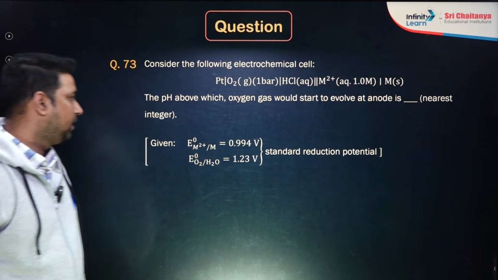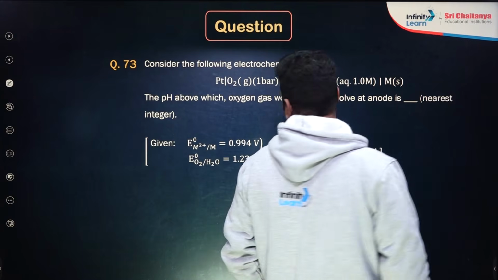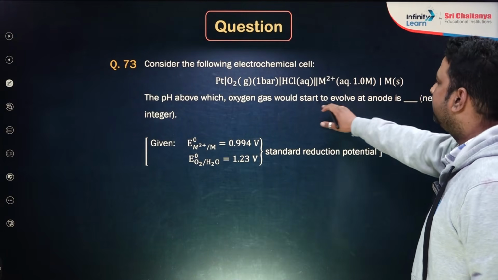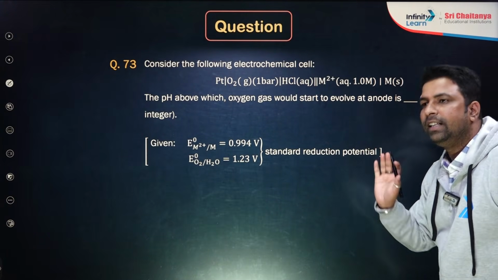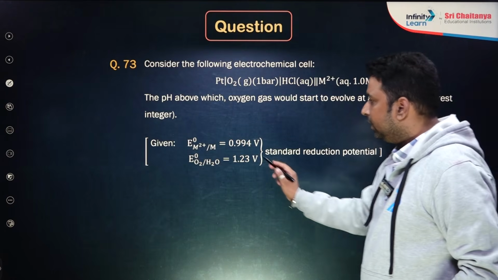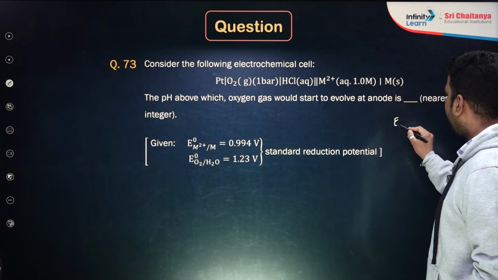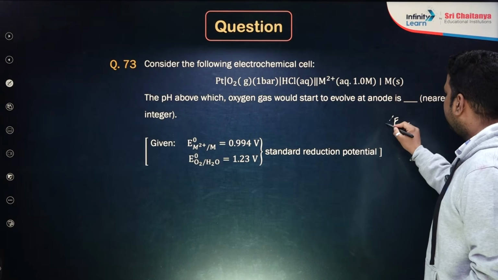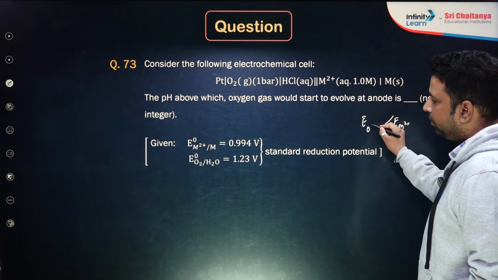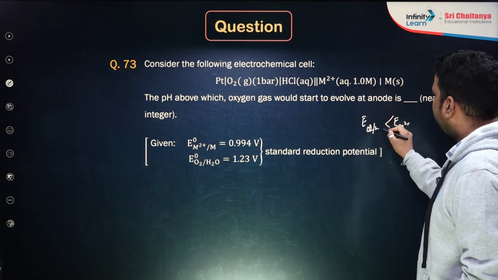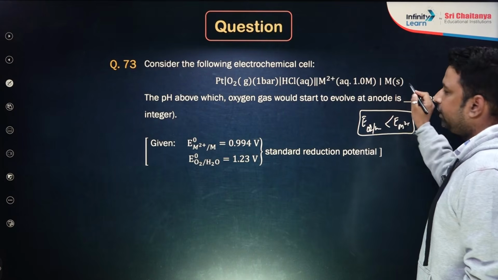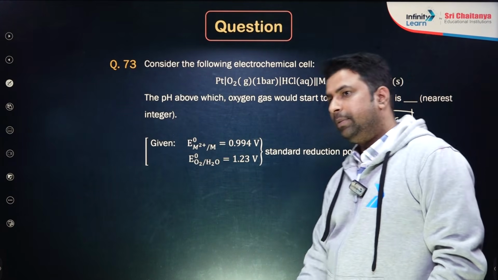It is again a nice question of electrochemistry in which they are asking the pH at which oxygen gas is released. Oxygen will be released until, first of all, you compare E of M2+ with E of O2 to water. Until this condition is satisfied, the oxygen gas will liberate.